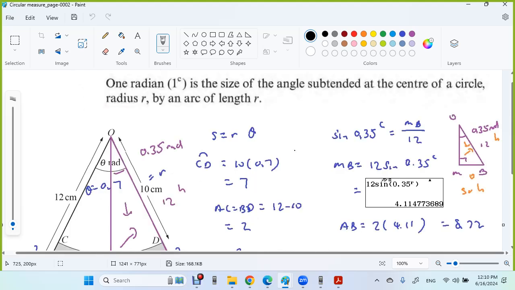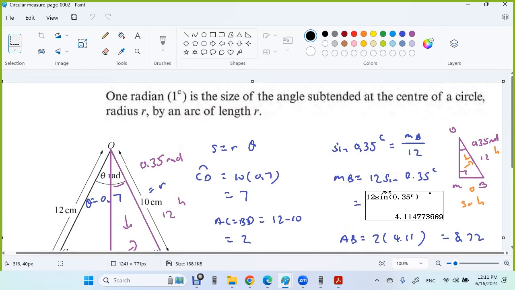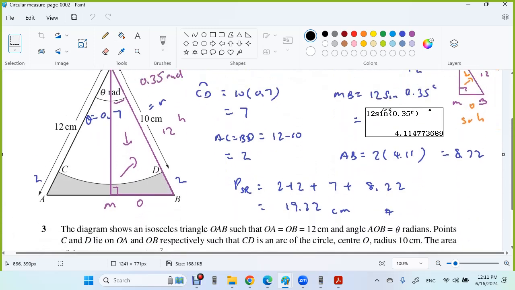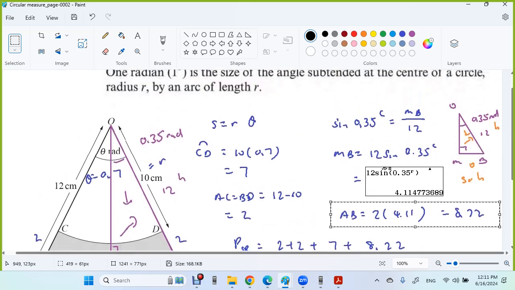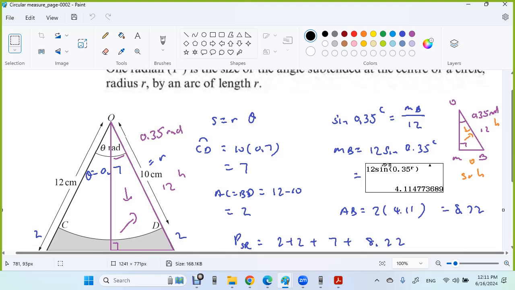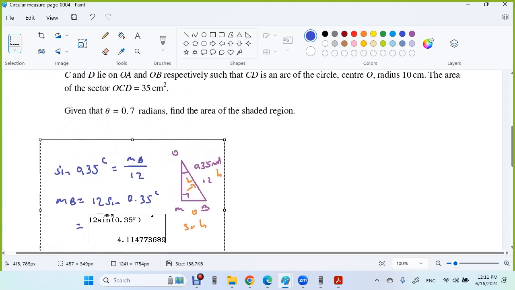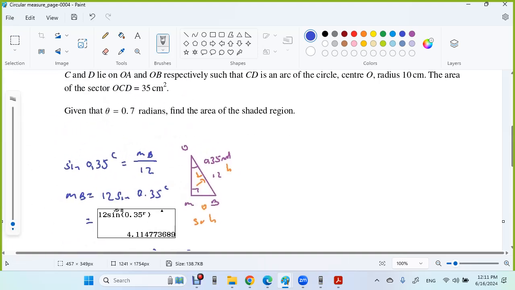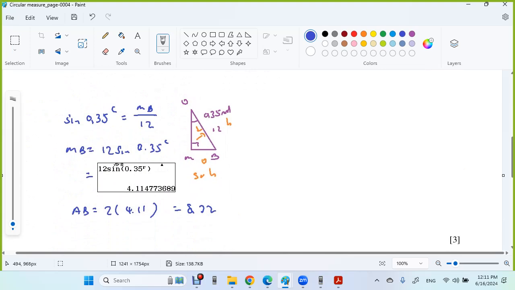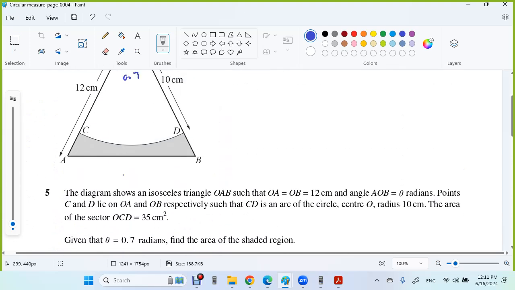In question number 3, we already found AB is 8.22. So this is 8.22.